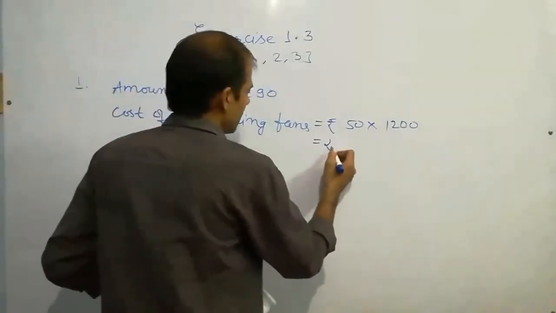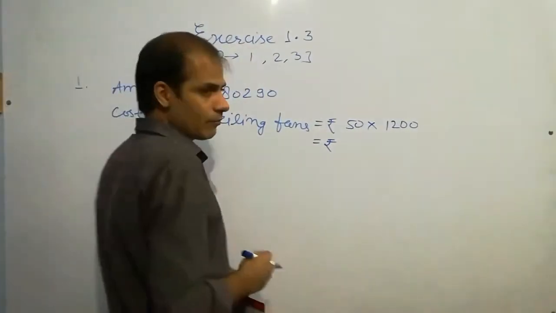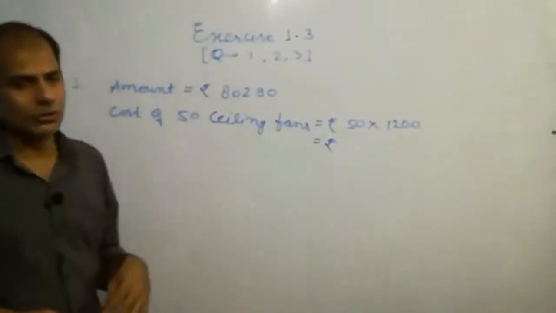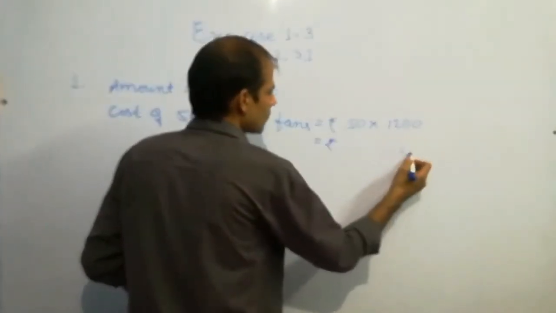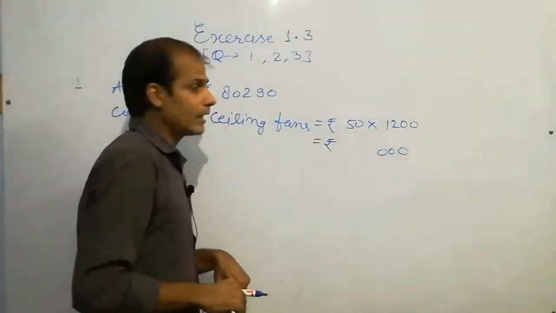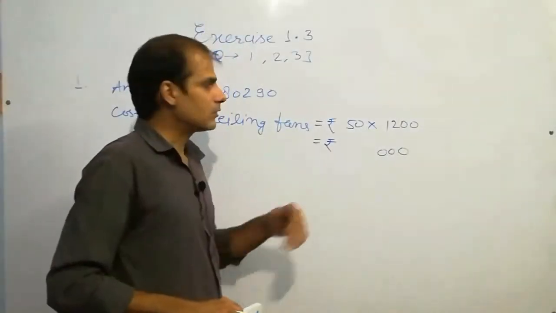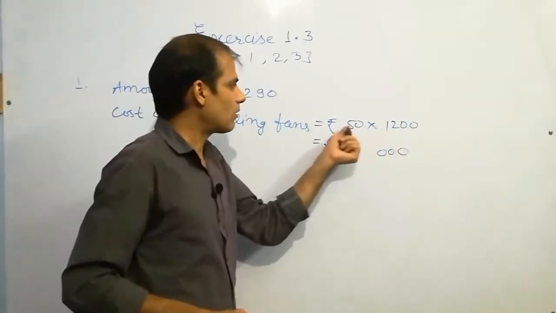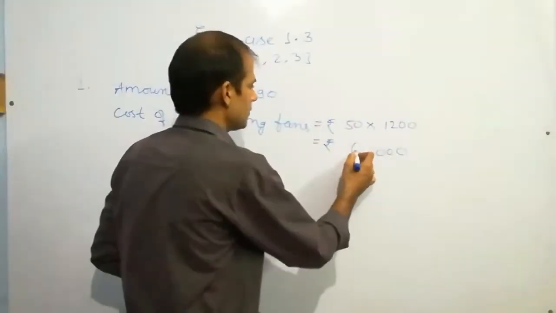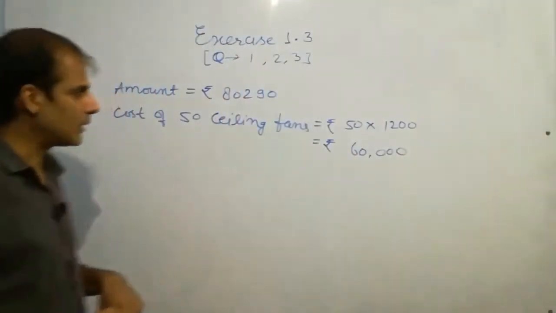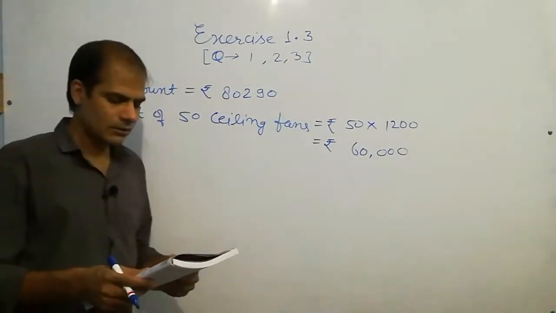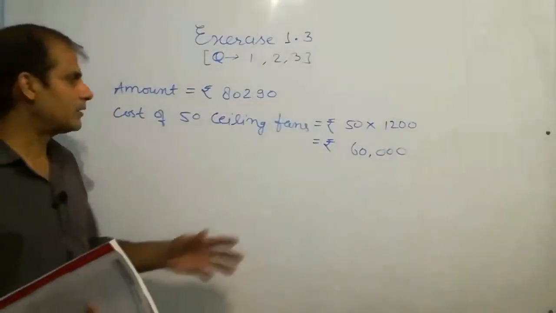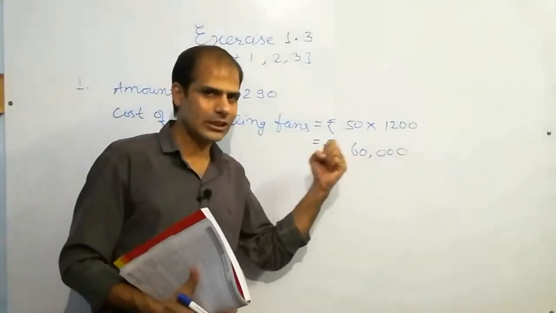Now it is multiplication. When there are zeros, it becomes easier. How many zeros? 1, 2, 3. So write 3 zeros. Then write the numbers except zeros. 12 and 5 is 60. Very simple. So finally the merchant had spent this amount, 60,000.